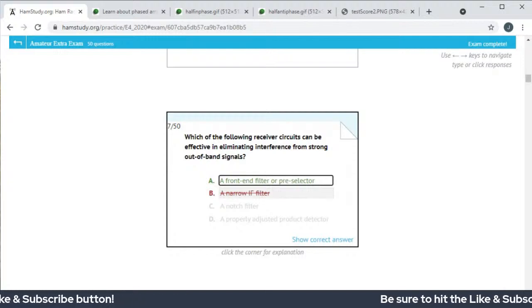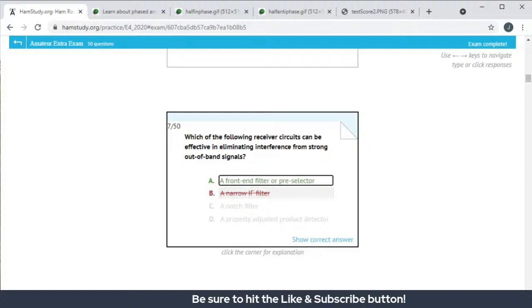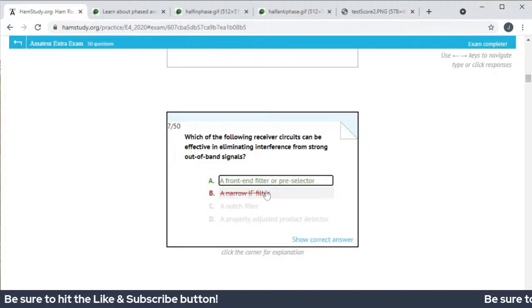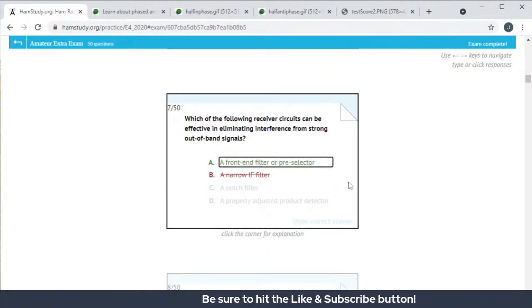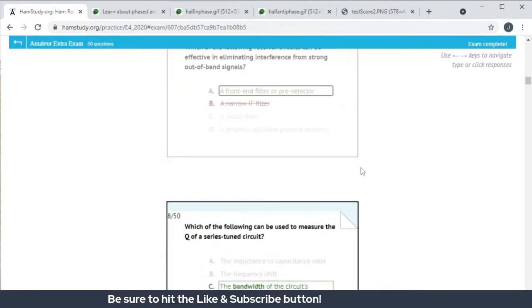I knew it was A or B and I guessed B and it was actually A. So we need a pre-selector for strong out of band signals.